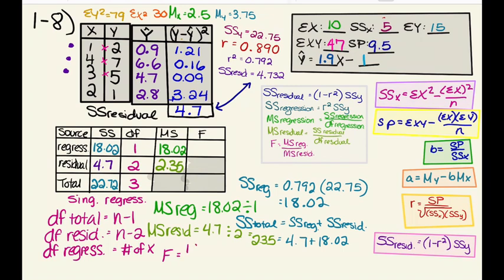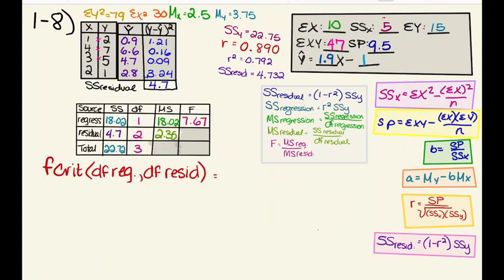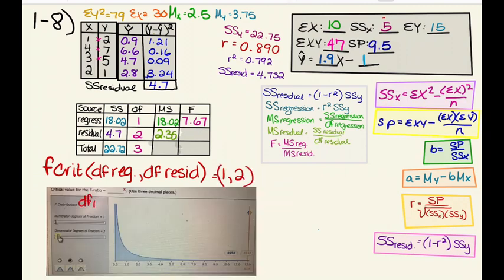Our F ratio formula is the mean square regression divided by the mean square residual, and equals 7.67. In order to determine the significance of our F ratio, we have to take a look and see what the critical region for F in this case is.